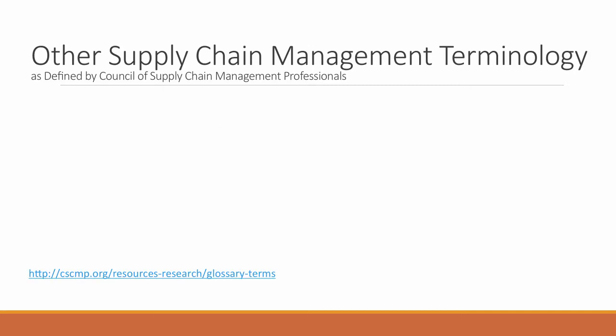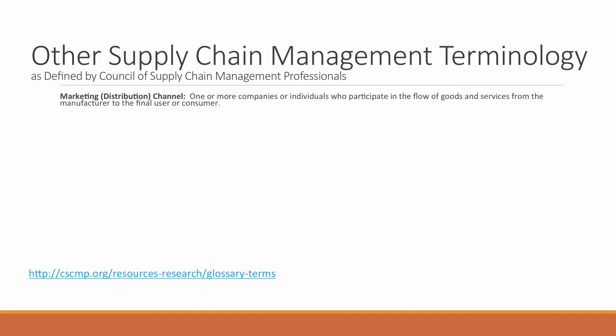Let's look at some other common supply chain management terms. First of all, marketing or distribution channel. You could call it a marketing channel or a distribution channel. These are the companies or the individuals who participate in the flow of goods from the manufacturer to the final user or consumer.